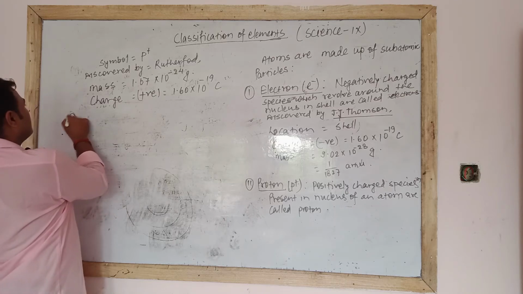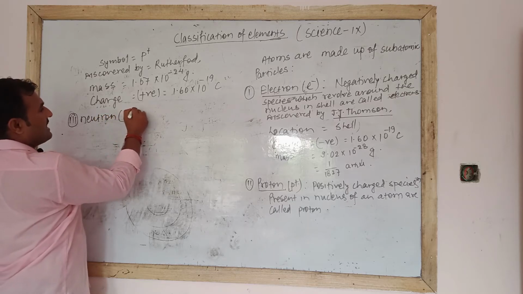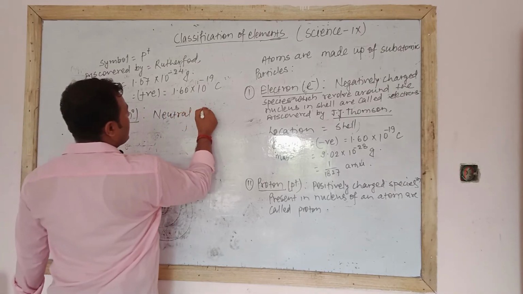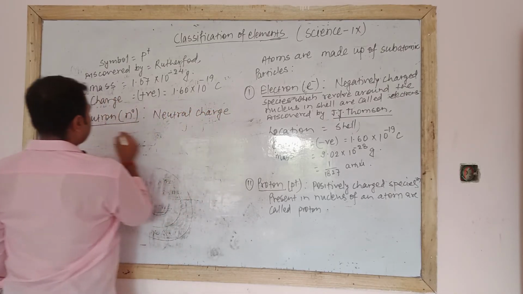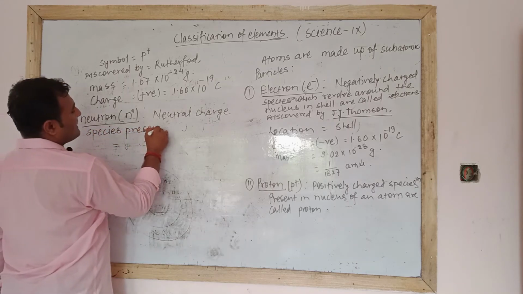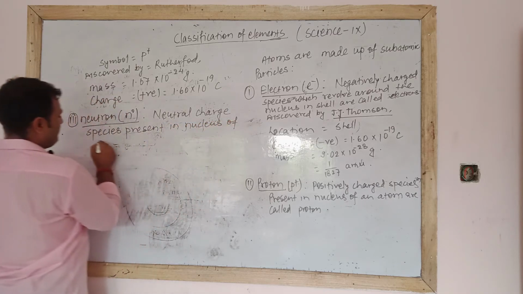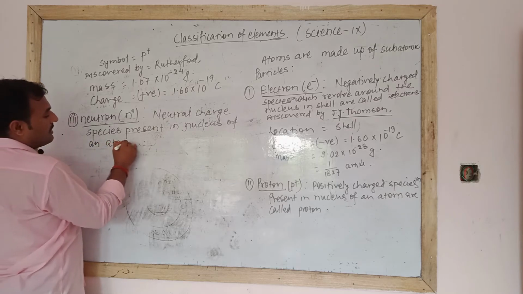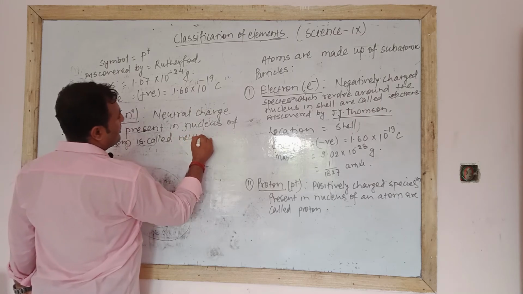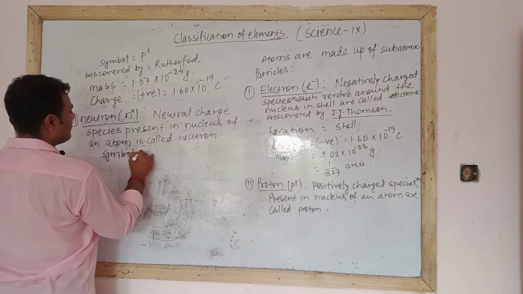Next is the neutron. Here we write: neutral charge species present in the nucleus of an atom is called a neutron, and the symbol of neutron is n0.